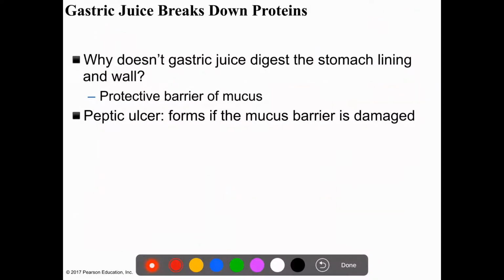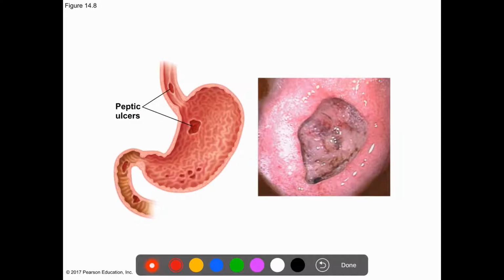Now, as we said, why doesn't the gastric juice digest the stomach lining? Because of the mucosa. In case that layer of mucosa were worn out or damaged, then we will have a disease called peptic ulcer. Peptic ulcer is the destruction in the stomach wall because of the strong acid.